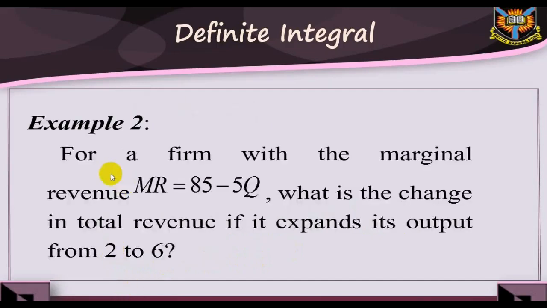Example 2. For a firm with the marginal revenue MR equals 85 minus 5Q, what is the change in the total revenue if it expands its output from 2 to 6? Solution.